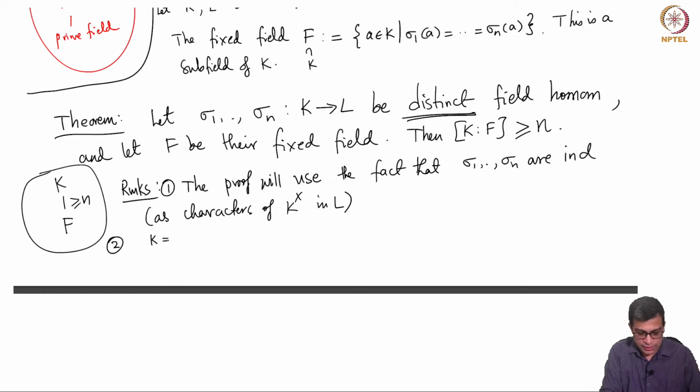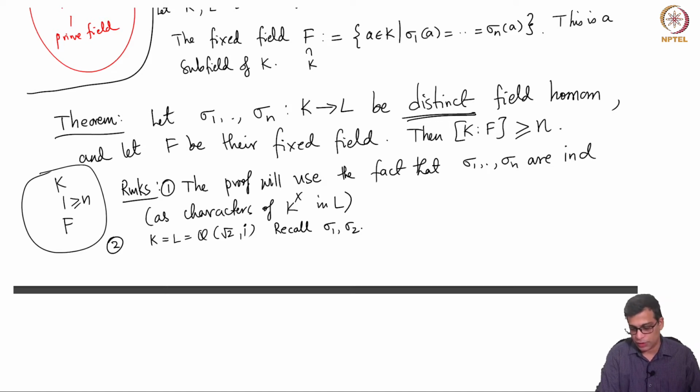I did this in the last video, where we discussed it in more detail, so I am only going to quickly tell you what happens with respect to this theorem.